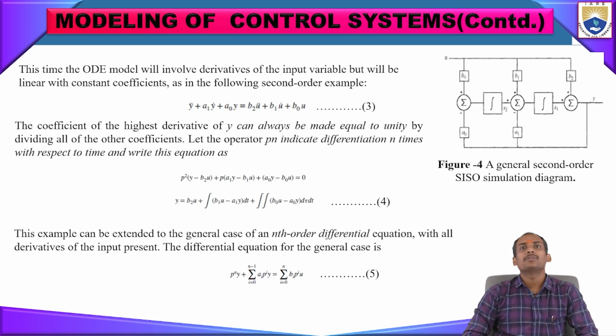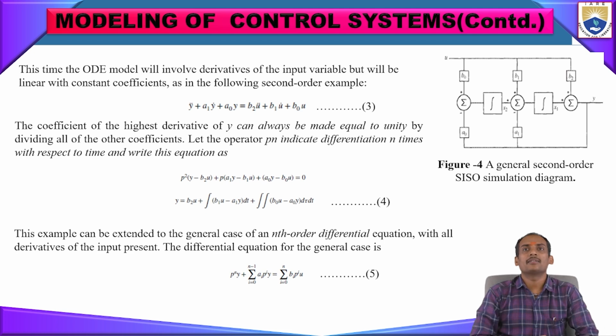When the ordinary model involves derivatives of the input variables, it will be linear with constant coefficients, as in the following second order example. Suppose we have a second order differential equation, with the model normalized to unity by dividing by all other coefficients.